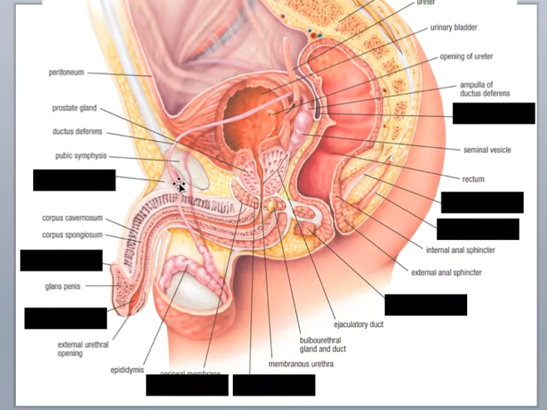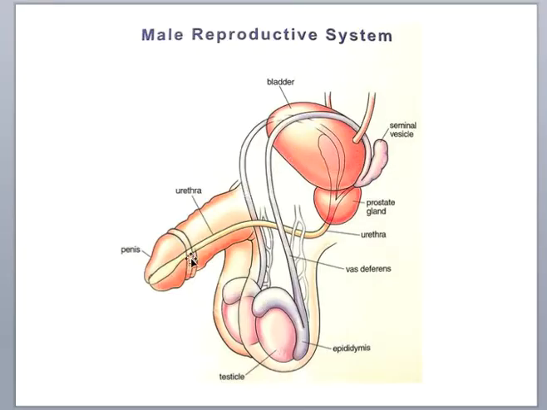It enters through the inguinal canal, courses over the pubic symphysis, or the pubic bone of the os coxae, loops around the urinary bladder and connects on the posterior side to an ejaculatory duct, which a seminal vesicle also connects to. You can see that here, vas deferens, up and over the bladder on the posterior side. And there's one on each side, so here's the other vas deferens. Here's a seminal vesicle, here's a seminal vesicle.